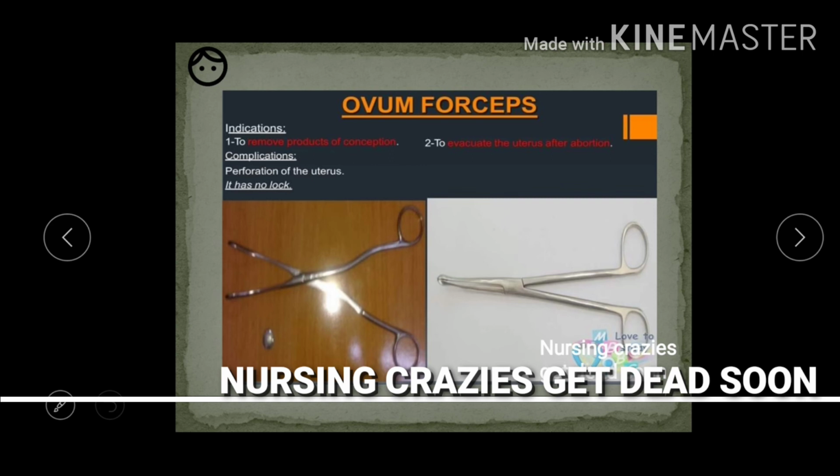What are the complications of this forceps? Perforation of the uterus is the most common complication among all these instruments. What is the difference in this instrument? See the shape: it has an oval type of tip, and there is no lock in this forceps.